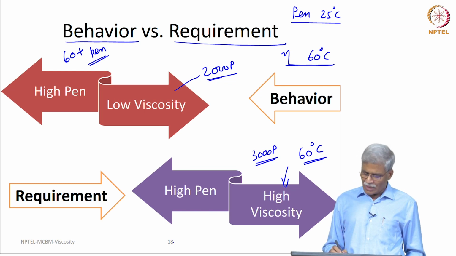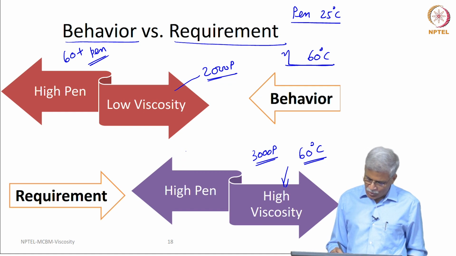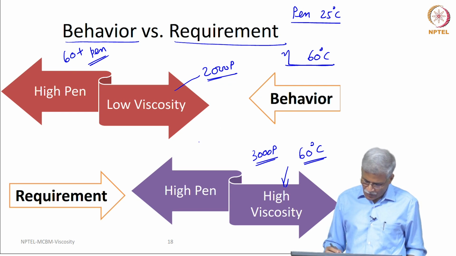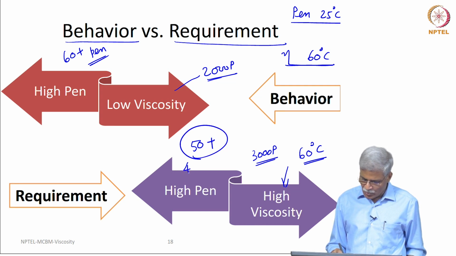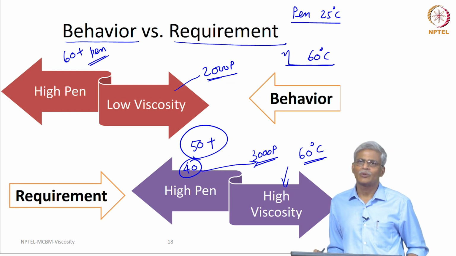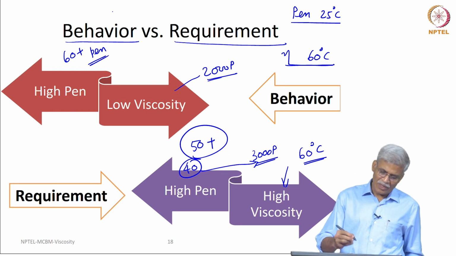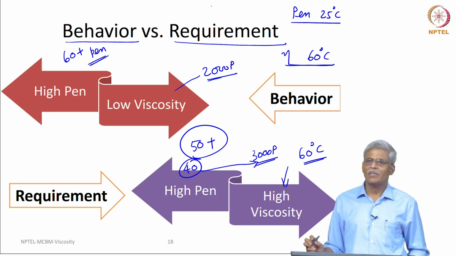At 25 degree centigrade, you want it to have a very high penetration of, let us say, 50 plus, but in reality this will be only around 40 to match this viscosity. So, that means the behavior of a bitumen is something, but the actual requirement is something else.